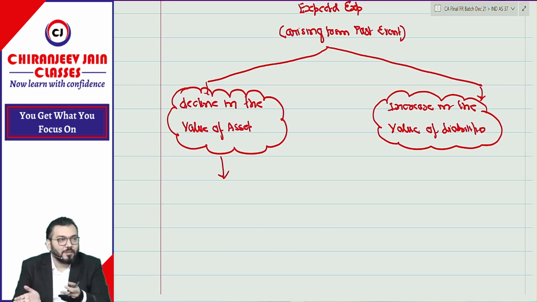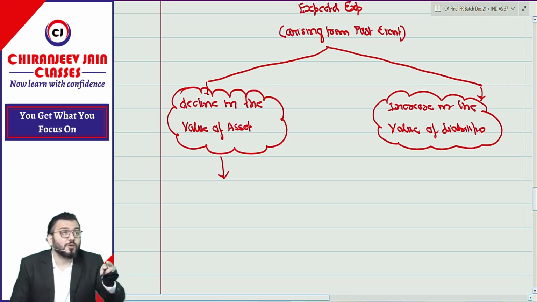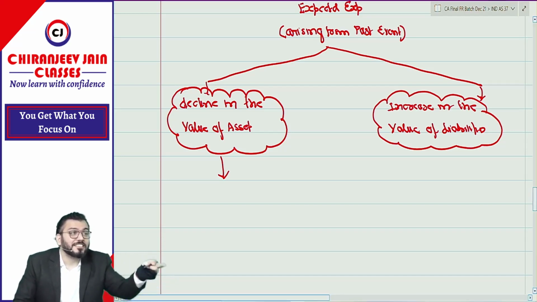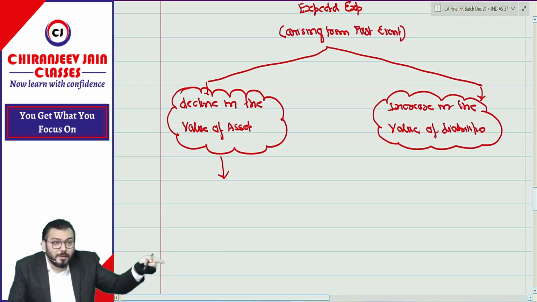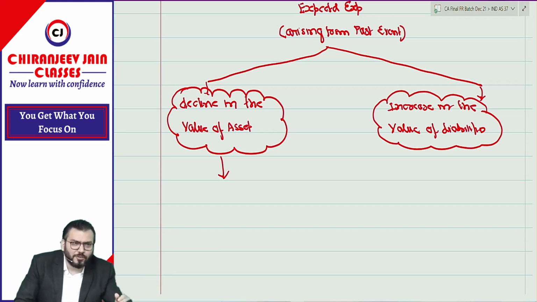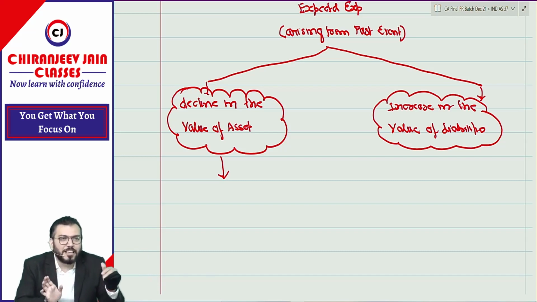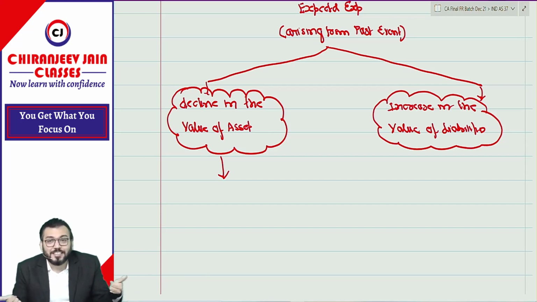Expected or actual? Expected. Expected bad debt means, whatever provision for doubtful debt you have created, that is because of decline in the value of receivable, so that will come in this category. My question to you all, decline in the value of debtor, whether it will give rise to obligation, whether it will give rise to liability. It means decline in the value of debtor is not a liability.